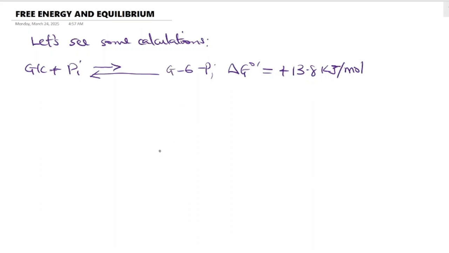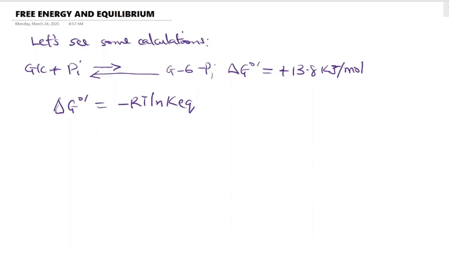Okay, so we want to rearrange this equation to solve for KEQ. First, recall our KEQ formula that we gave earlier, the relationship between the delta G and the KEQ. We have delta G is equal to minus RT ln KEQ.